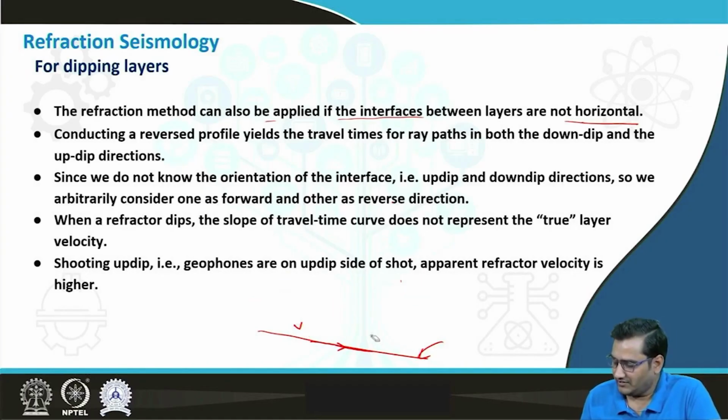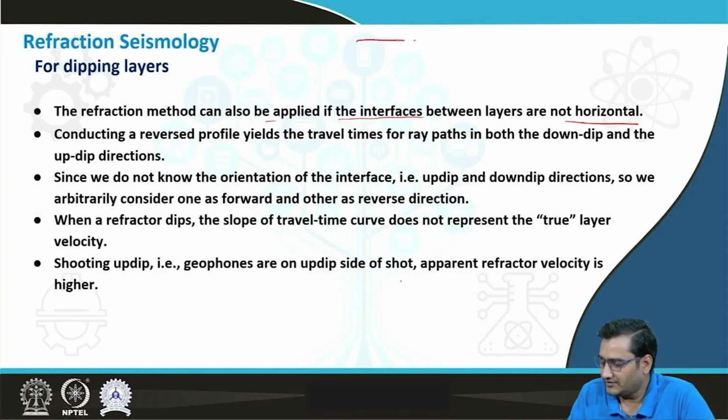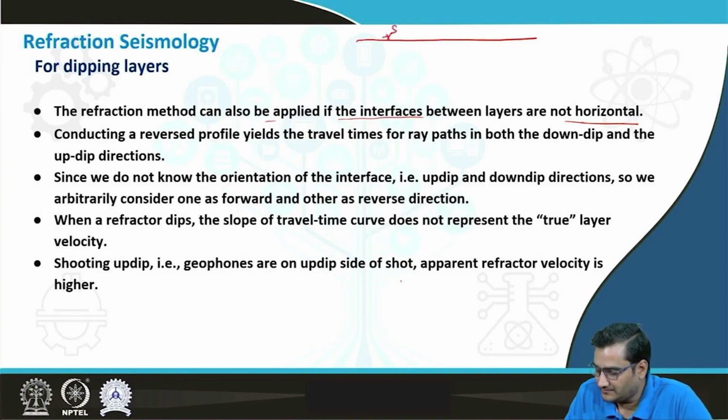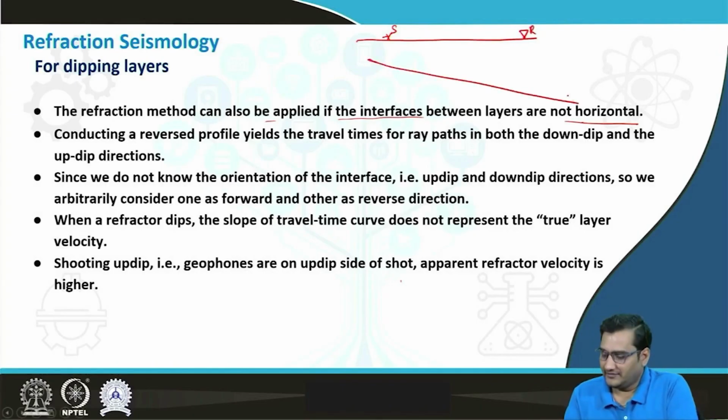What does it mean? Suppose this is your surface, you have your source somewhere here and your receiver somewhere here, and this is your dipping interface. Since you do not know the orientation of the interface, in which direction it has the up dip and in which the down dip, obviously you won't know, because you do not know what is underneath the surface.